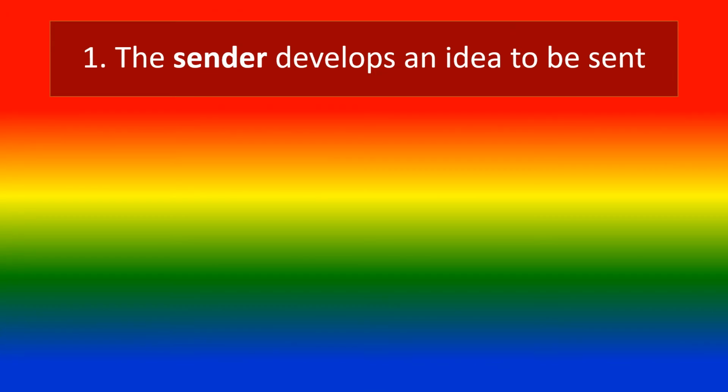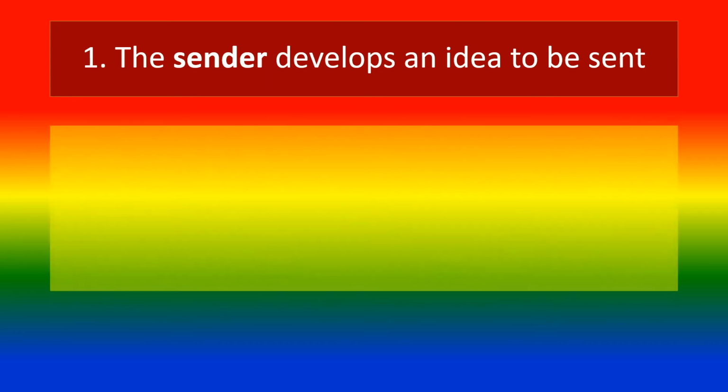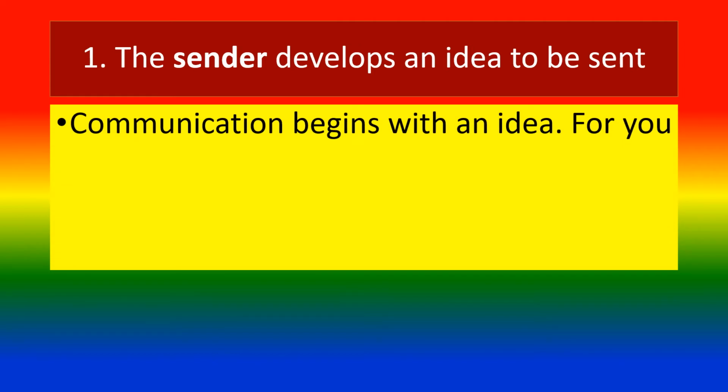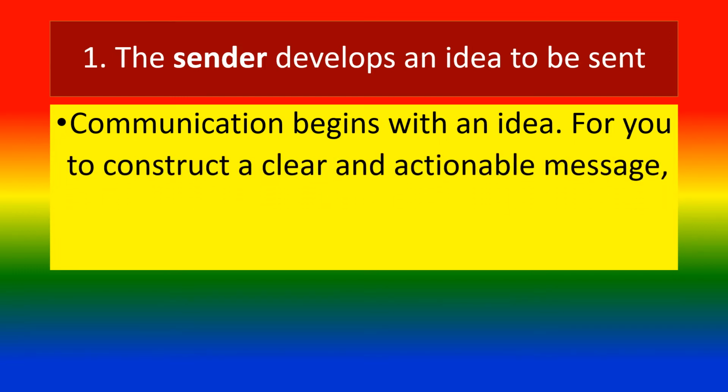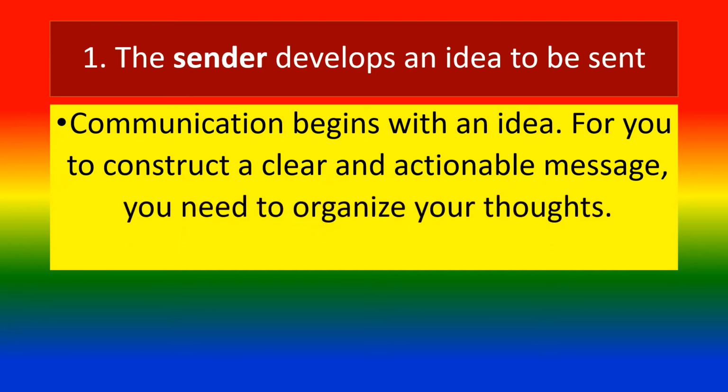Detail about the sender. The sender develops an idea to be sent. Communication begins with an idea. If you want to construct a clear and actionable message, you need to organize your thoughts.